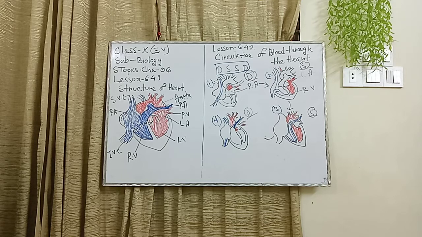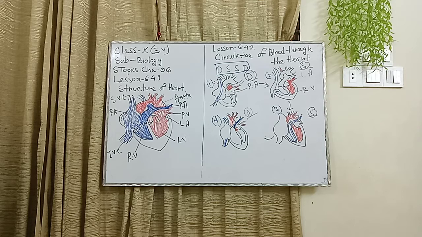D, S, S, D. Here what is the D? D means diastole of atrium. What is S? S means systole of atrium. Another S, systole of ventricle. And the last D means diastole of ventricle.